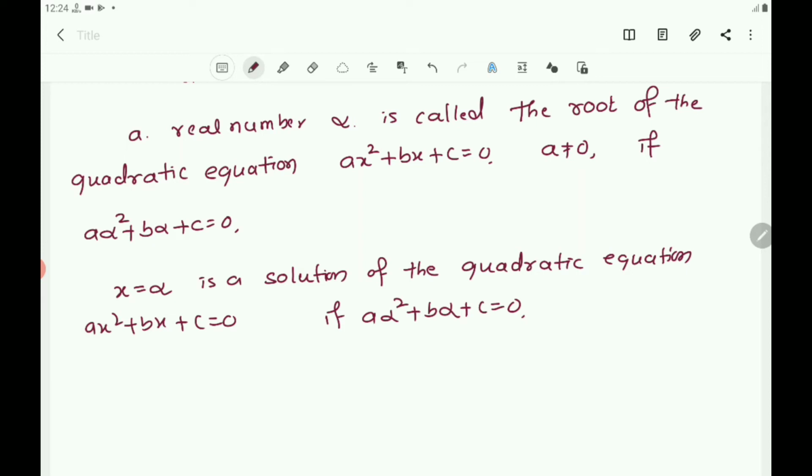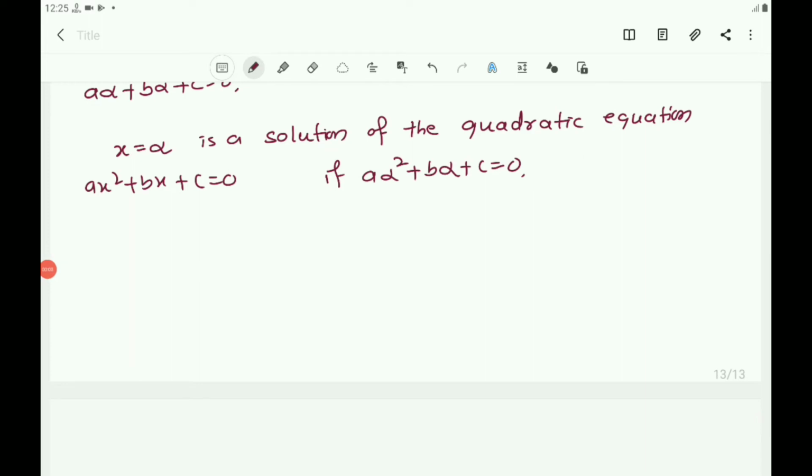Alpha satisfies the quadratic equation, that is, if you put x equals alpha, then you will get a alpha square plus b alpha plus c equals 0. Alpha satisfies the quadratic equation, then that alpha is called the solution of the quadratic equation.